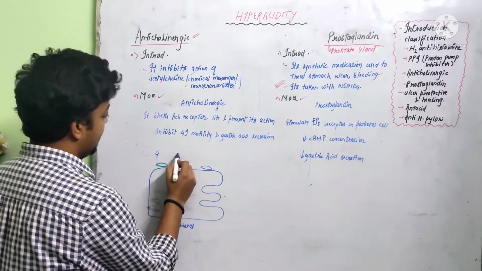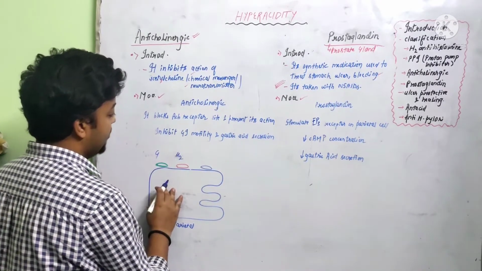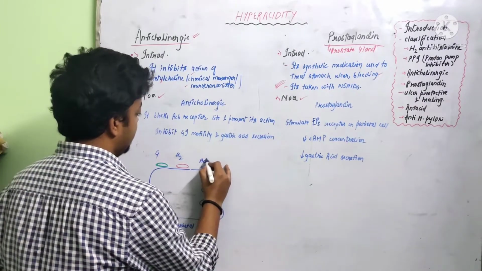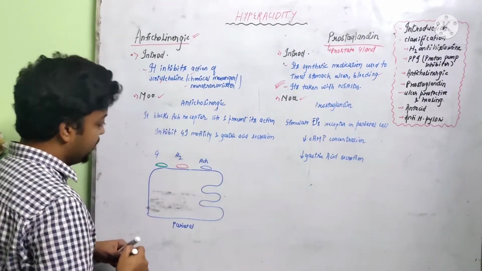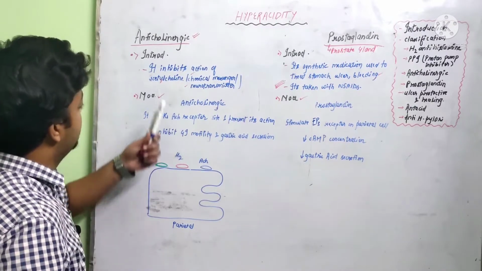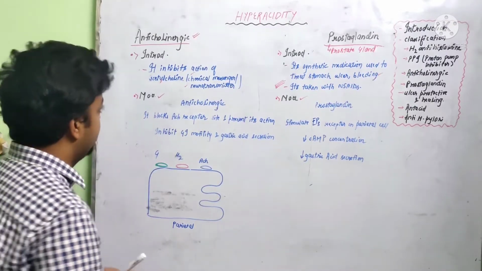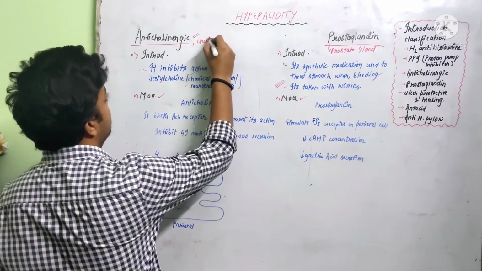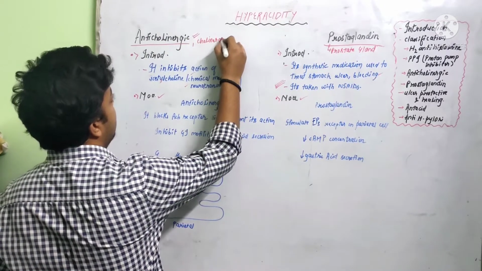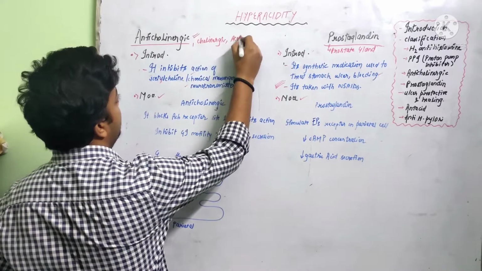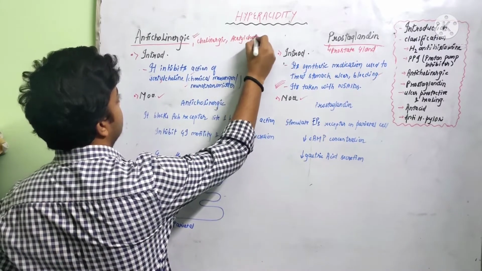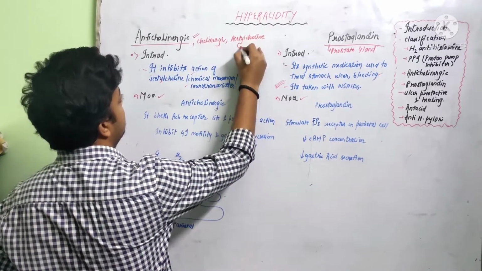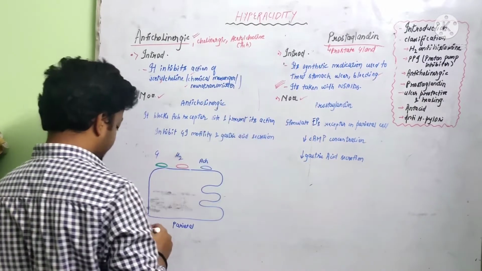Then we have the histamine, that is the H2 type receptors, and also the acetylcholine receptor symbolized as ACh. Okay, so to understand the mechanism of the anticholinergic, guys, we have to first differentiate between 3 terms. First is the anticholinergic, then the cholinergic, and at last the acetylcholine, also symbolized as ACh.